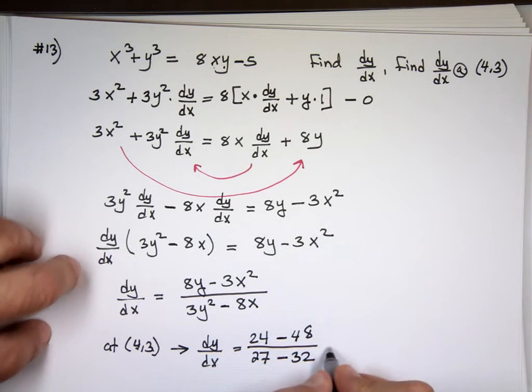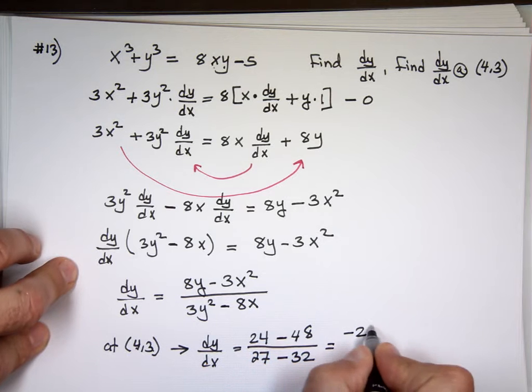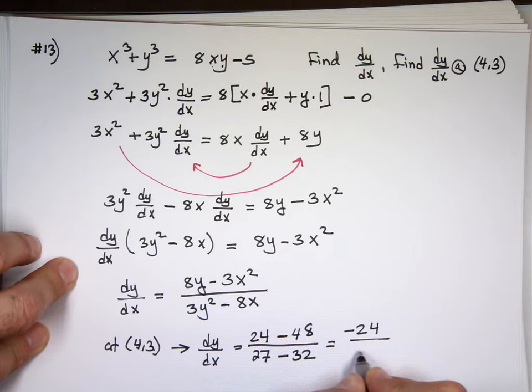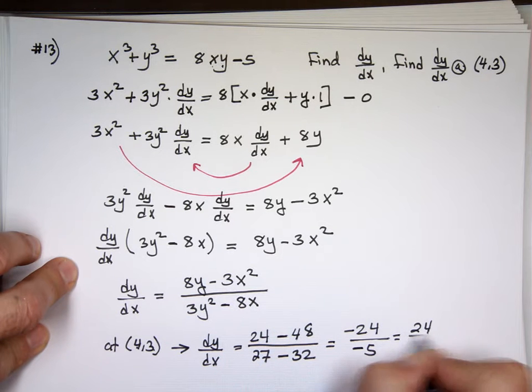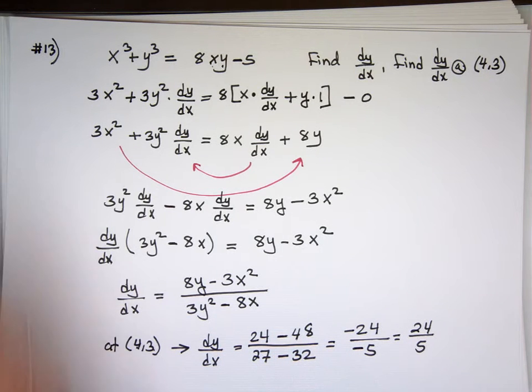So that's negative 24 over negative 5, which is 24 over 5. So at that point, the derivative, which is the slope of the tangent line, is that value.